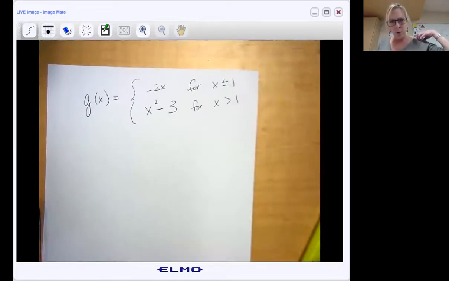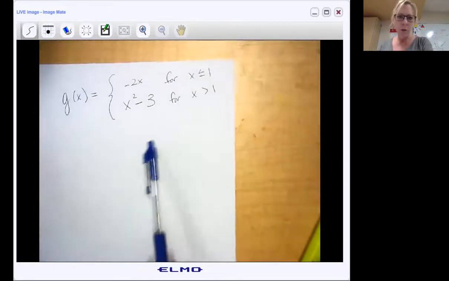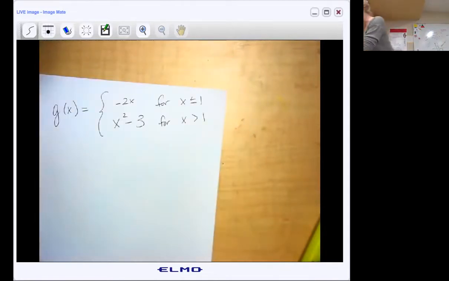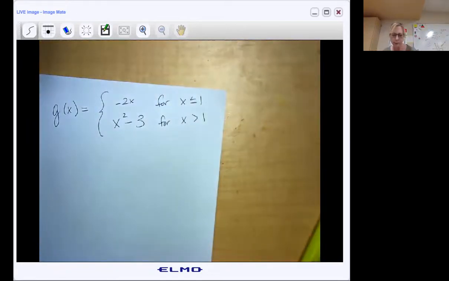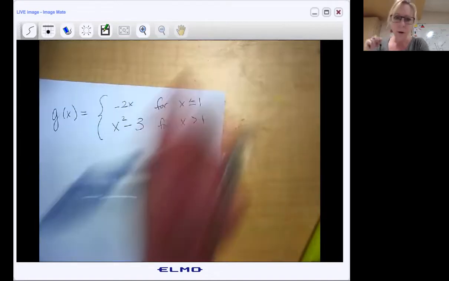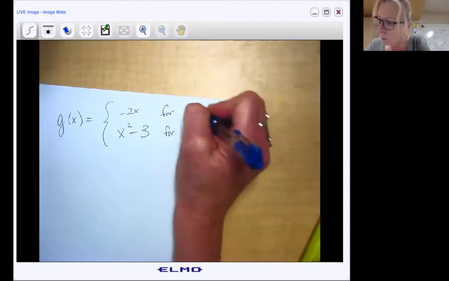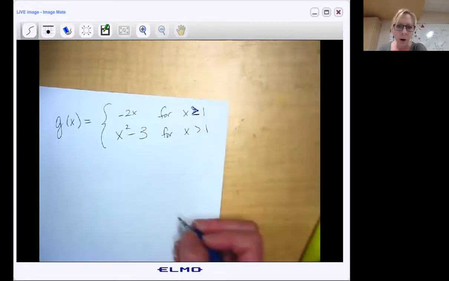So without me doing this graph for you, I'm going to ask you, let me see if I can find my notes. -2x and x squared minus 3, for x is greater than, I kept doing all my inequalities backwards, or equal to 1. So I just changed the linear part.